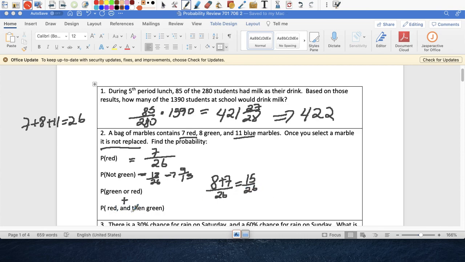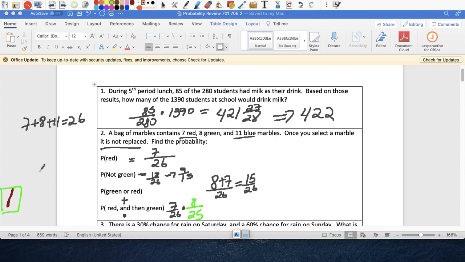This one, red and then green. But remember, and means multiply. So what's the probability of getting a red? The red is going to be 7 out of 26 times, because and means multiplication. And now you take a red and you put it over there, leave it. Now if you go back in the bag, you want to get a green. Well, there's 8 green, but your total is not 26 anymore. Your total is 25, because this red is outside.